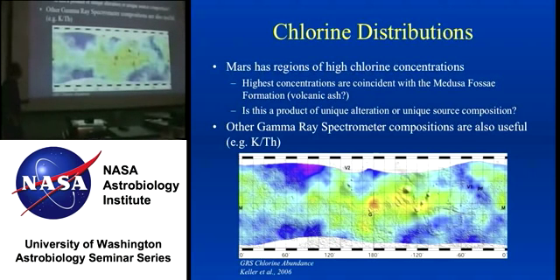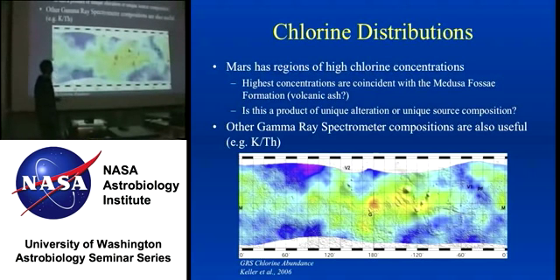planet. And the highest concentrations happen to be coincident with the Medusae Fossae formation. You can actually see it topographically on the map. Some of these mounds here are parts of the Medusae Fossae formation, which generally gives us the impression of being a vast volcanic ash deposit.